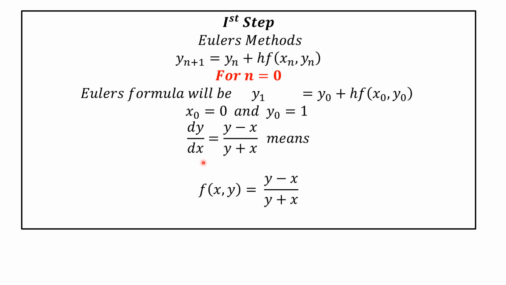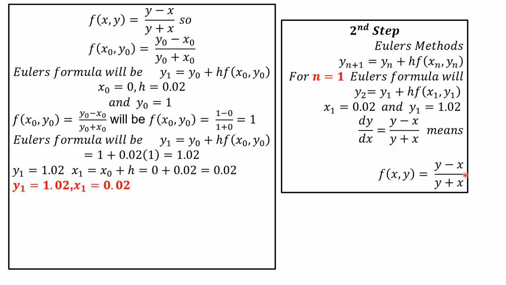So dy by dx is given, but our requirement is the function of x0 comma y0. In place of y, you will write y0, and in place of x, you will write x0. f x0 y0 will be this one.